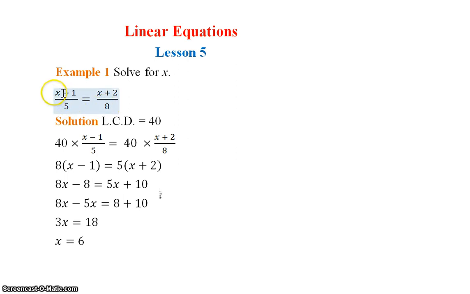And we know the rule that in a proportion, the product of the extreme terms, which are (x minus 1) and 8, equals the product of the middle terms. The middle terms are 5 and (x plus 2). So we can immediately write this equation without denominators: 8 times (x minus 1) equals 5 times (x plus 2).